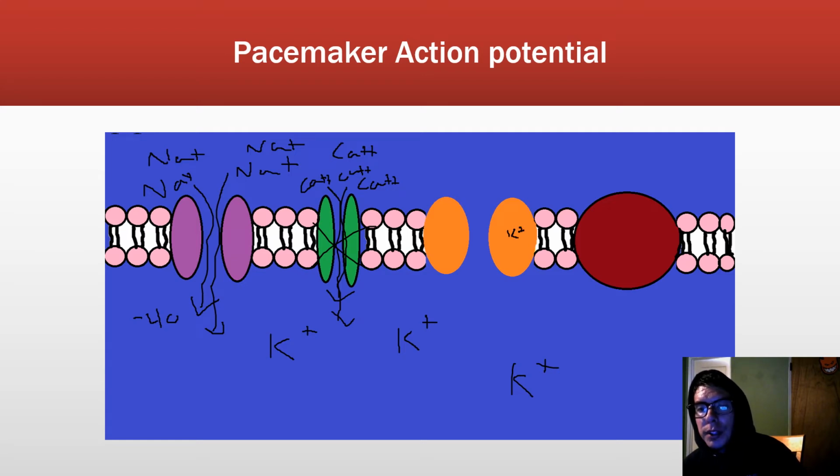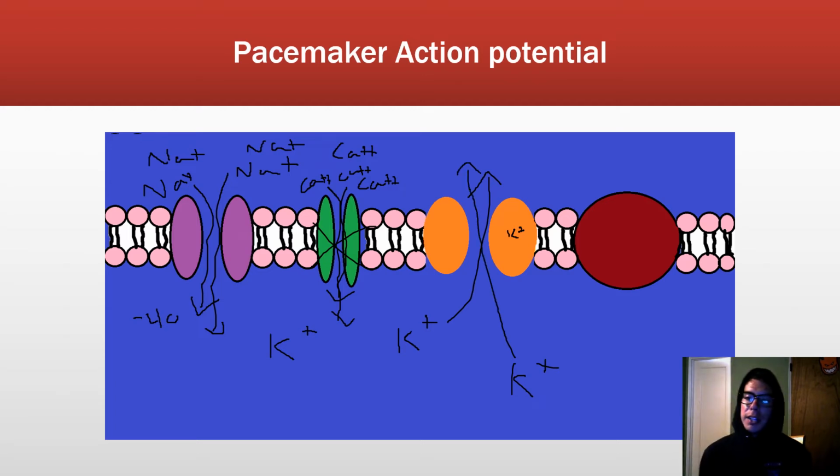It's going to open, because there's usually a gate there. It'll allow potassium to leak out, or in other words, it would be an efflux of potassium, exit of potassium. That'll cause a drop in positivity, and that'll cause it to come back to a more negative level, and then eventually down to its resting or polarized state.